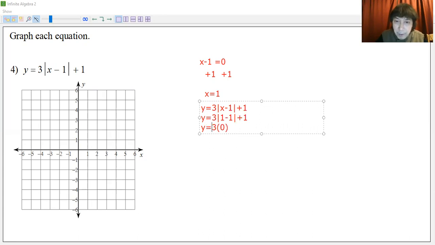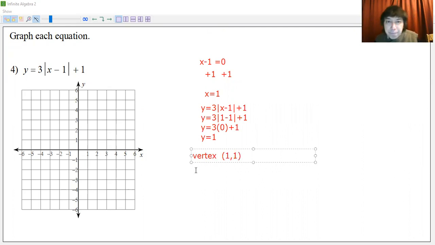There's an equal sign there. And this is plus 1. Our value of y is, of course, positive 1. And so our vertex is located at the first quadrant at 1, 1. And this is 1, 1, like that. Okay. All right. Coming from our computation, this will be the vertex.